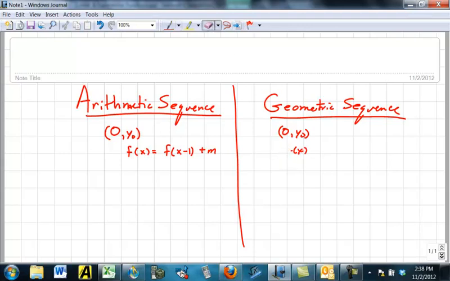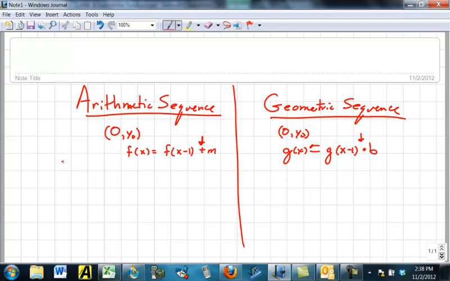Okay? How do we find g of x over here? Well, what we did is we backed up to the previous x, found its g, but then we multiplied by the base. So notice what's multiplication here is what used to be addition over here. It's one level higher in the order of operations.